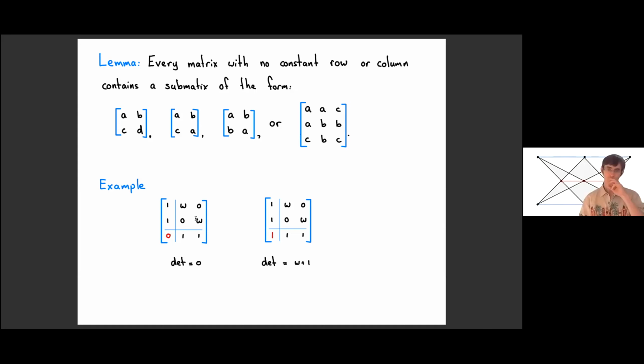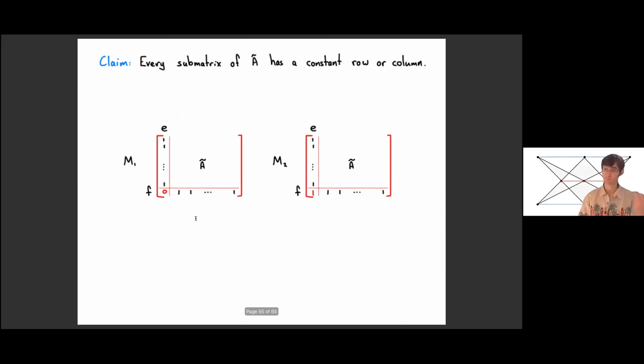So one thing that's already easy to see in this matrix back here is that the matrix A tilde can't contain any ones. So all the entries are 0, 1, or omega. And then there's a sort of a scaling you can apply on the matrix, but I don't want to go into the details of that. It's not exactly a scaling.